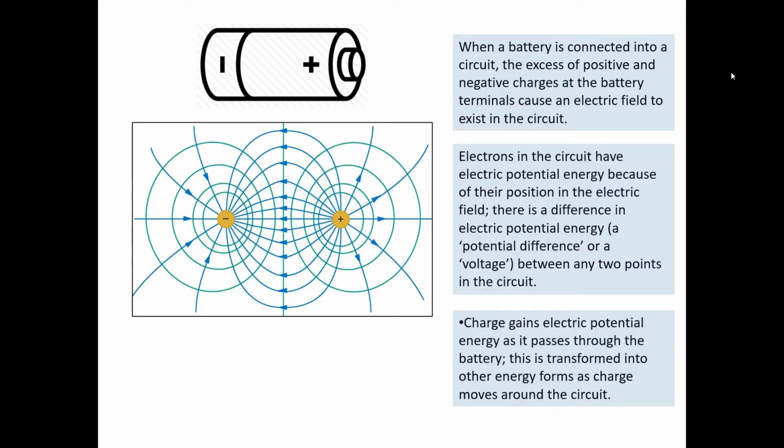It will have a potential difference. There's a difference in electrical potential energy. So a potential difference, or voltage, between any two points in a circuit. The charge gains electric potential energy as it passes through the battery. This is transformed into other energy forms as charge moves around the circuit.